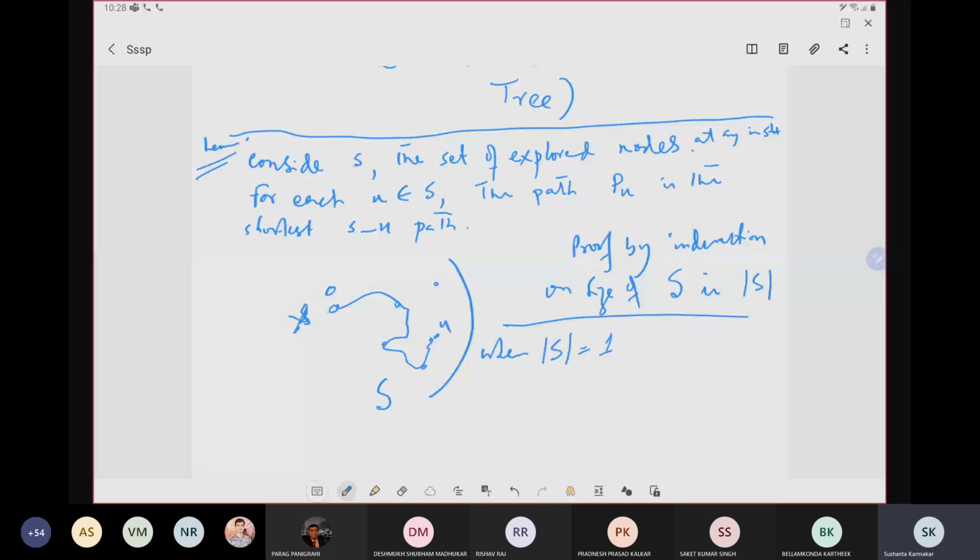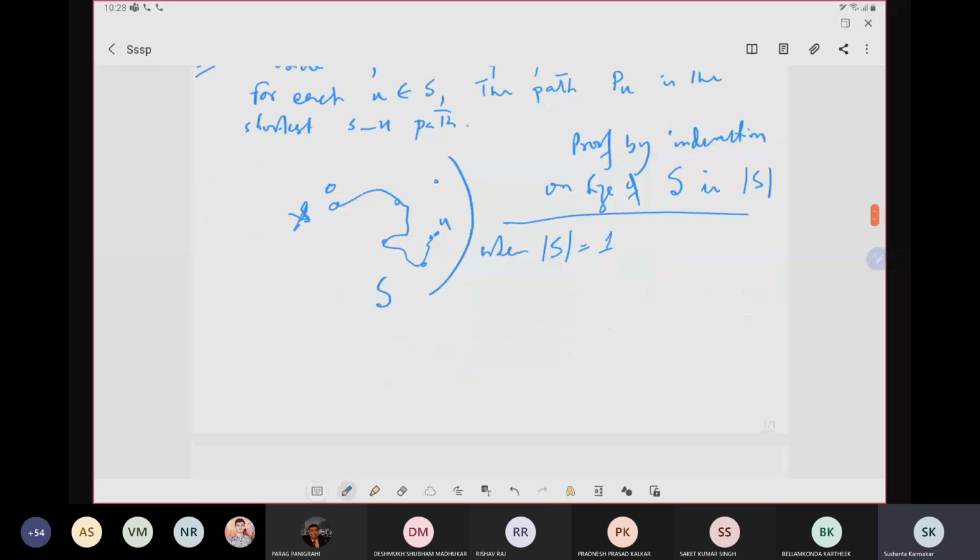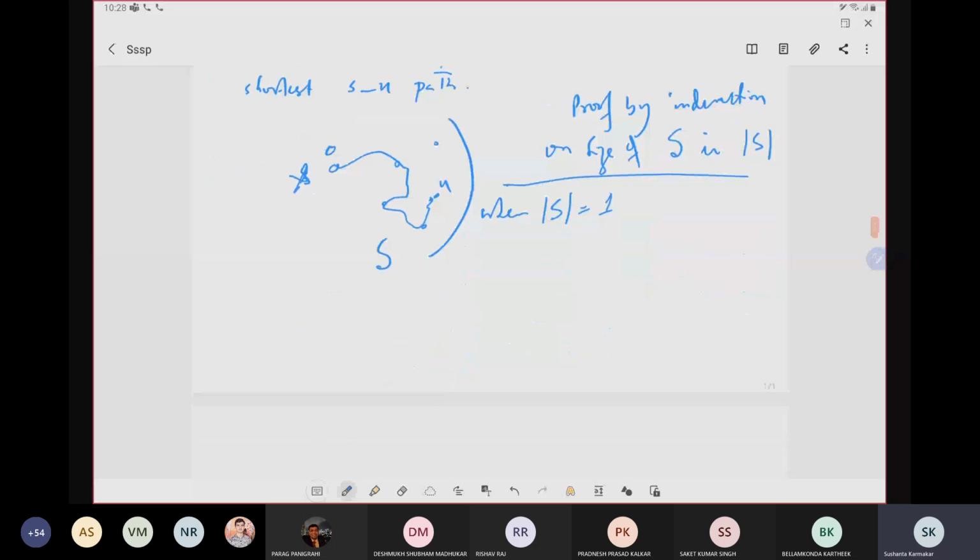Now, let us assume this kind of partition at any intermediate state. Let's say S has k nodes.